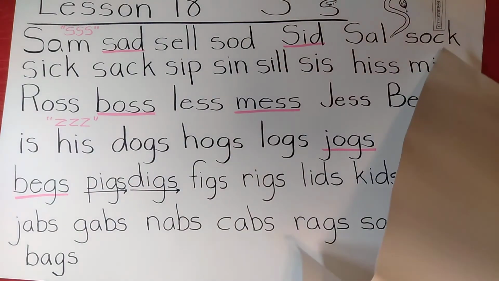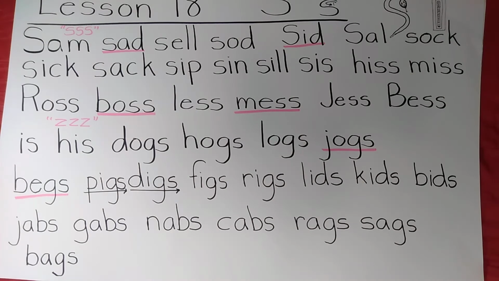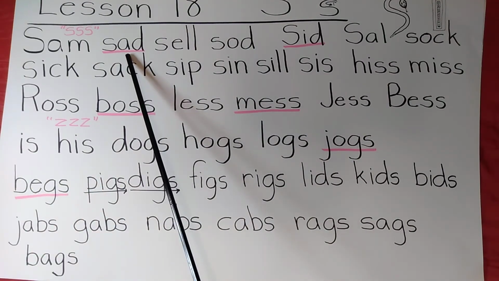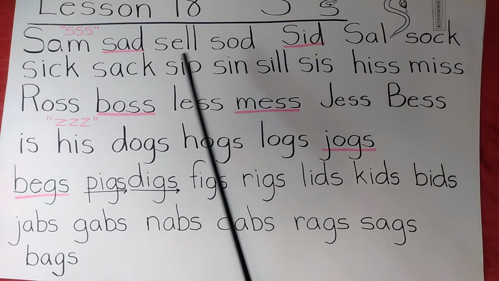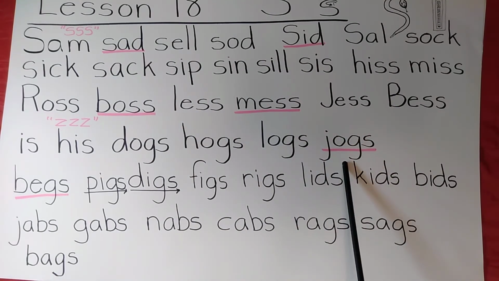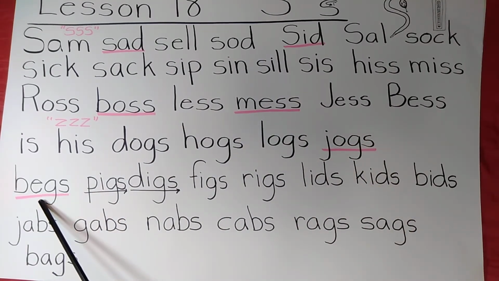Okay, now we're going to do the printing and saying of the new words. I just picked out a few to shorten the time. I picked out sad, Sid, boss, mess, jogs, and begs to shorten things up.